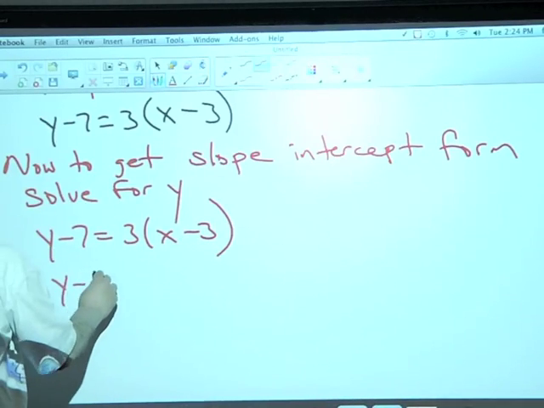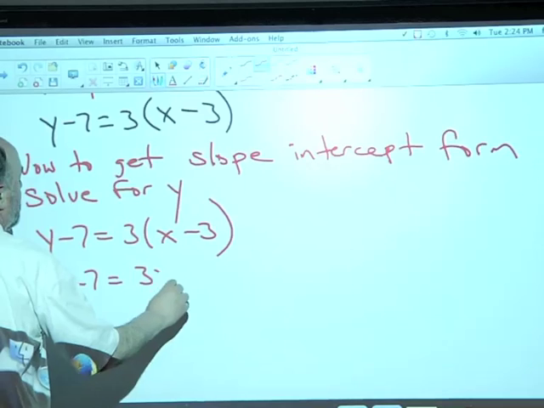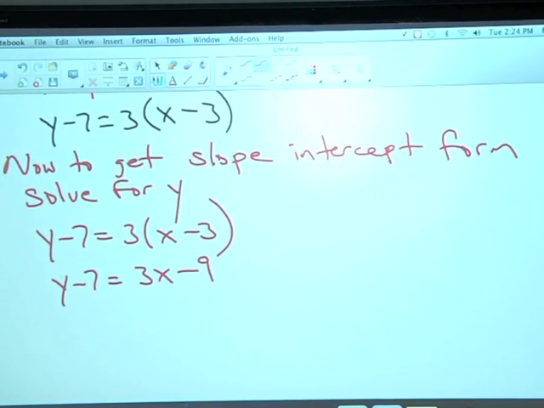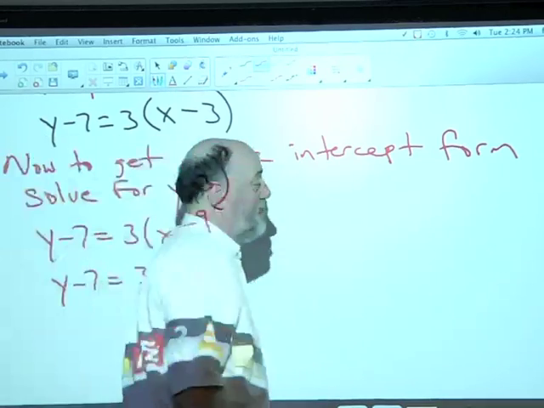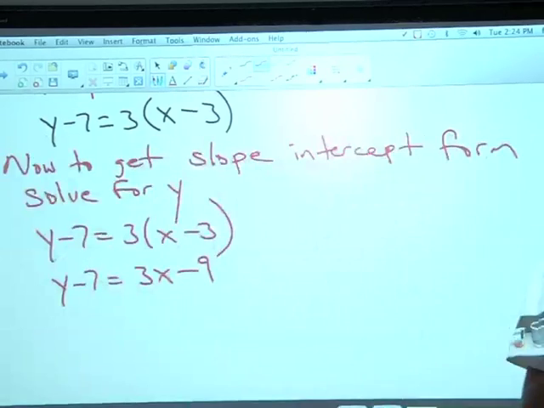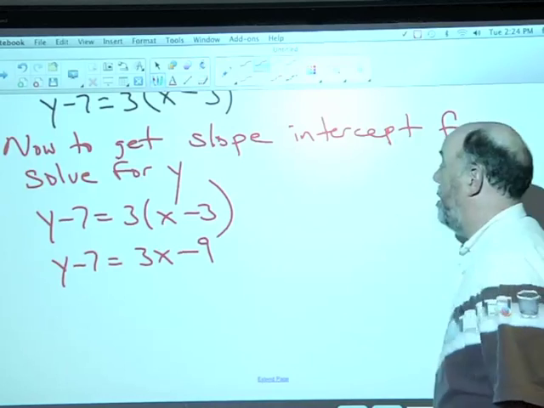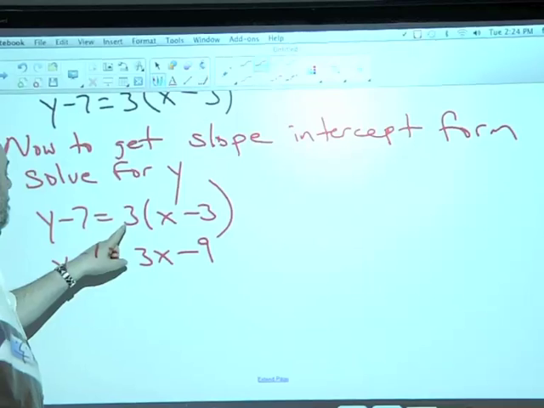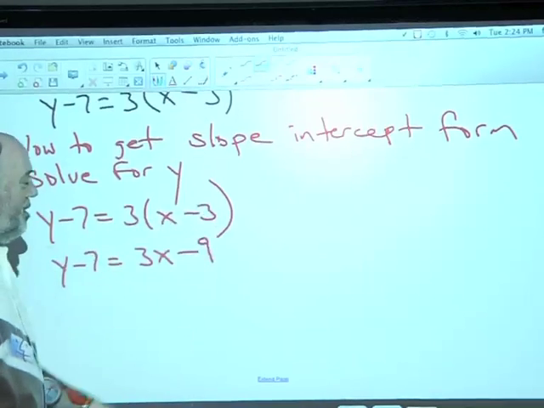So y minus 7 equals 3x minus 9. And the last step is to take the 7 and bring it over to the other side. Opposite of subtracting is to add. How did you get minus 9? Well, 3 times x is 3x, 3 times a minus 3, right?